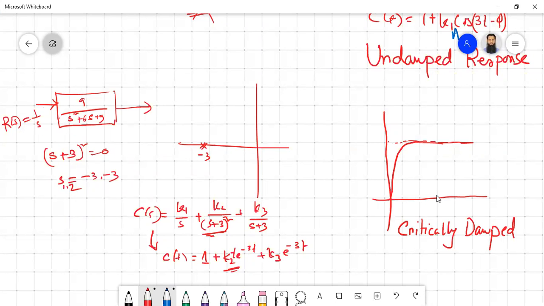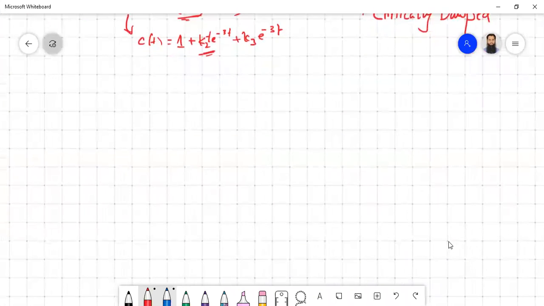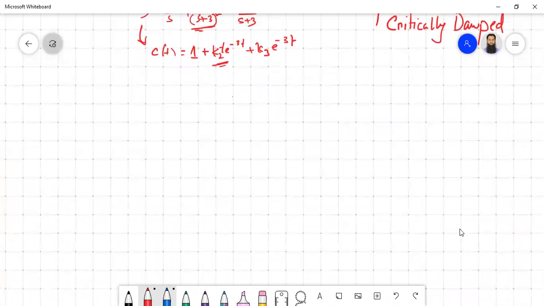This is a borderline, in between the overdamped and the underdamped oscillation, so because of that we call it critically damped. I'm not sure whether you have noticed, but in general, for a system, if you start changing the pole location, they will be at an overdamped condition.